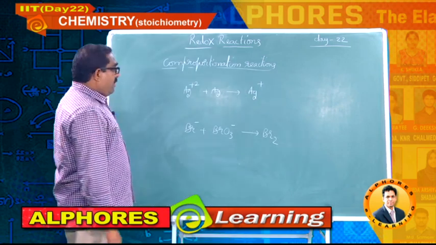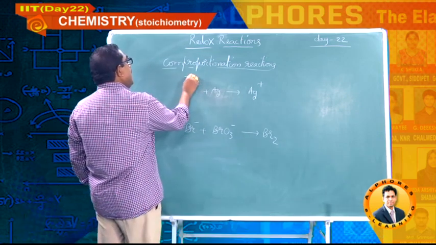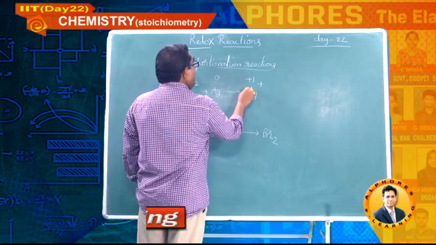Here, if you observe these two examples, silver here +2, here it is 0. For silver here it is +1.